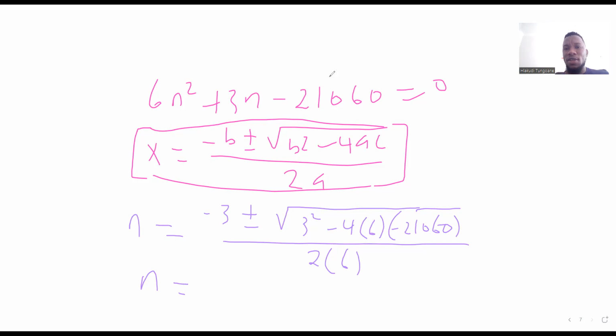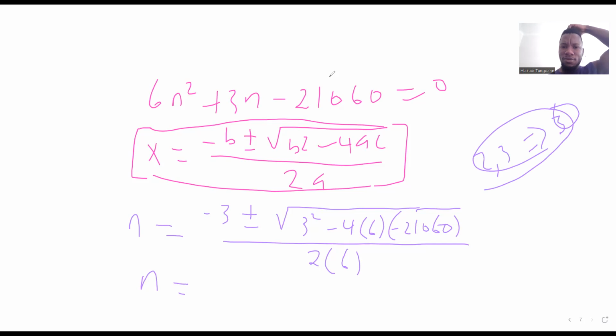Remember, since you're dealing with a number pattern, n cannot be a decimal and n cannot be negative; n can only be positive. If you get, let's say, 2.3, you convert it to the nearest integer, which is 3 in this case.